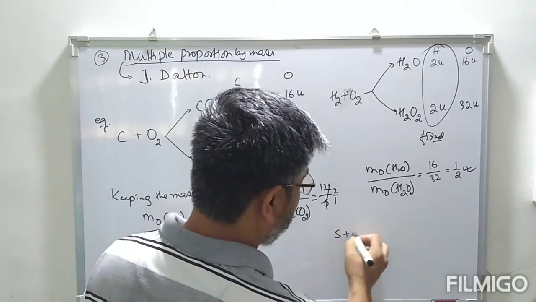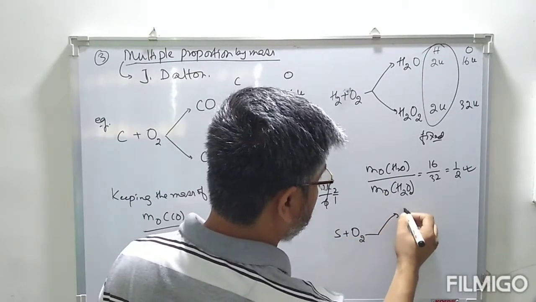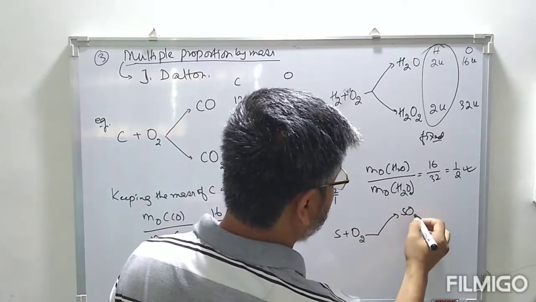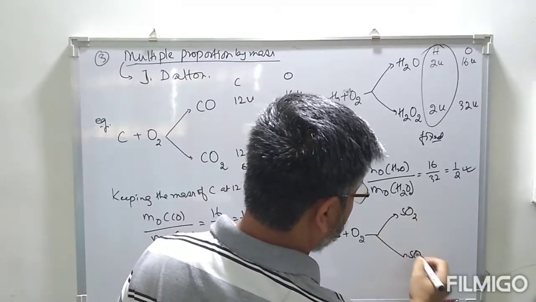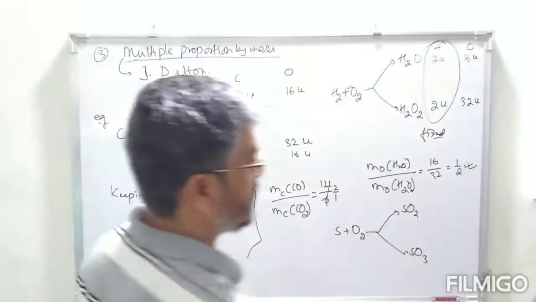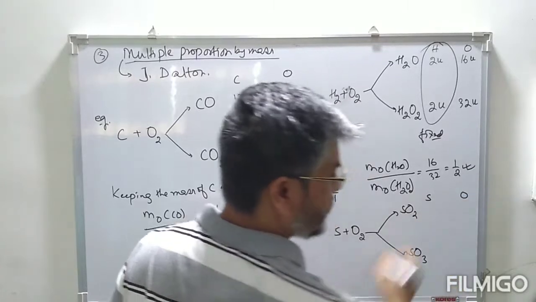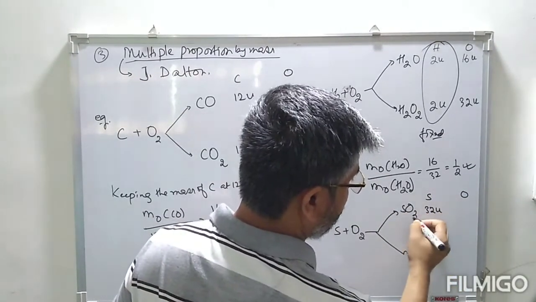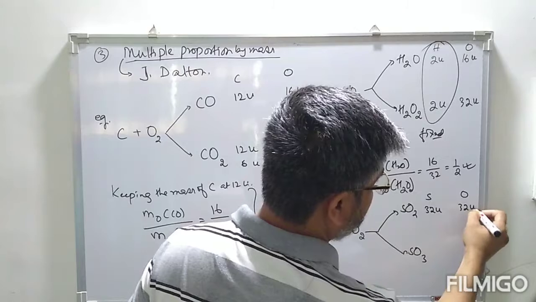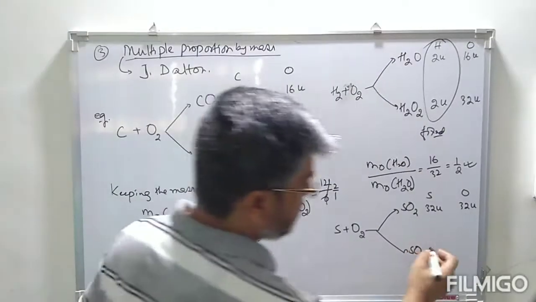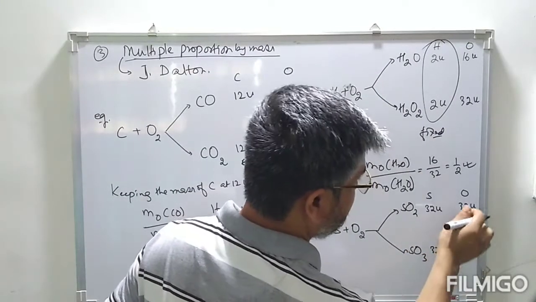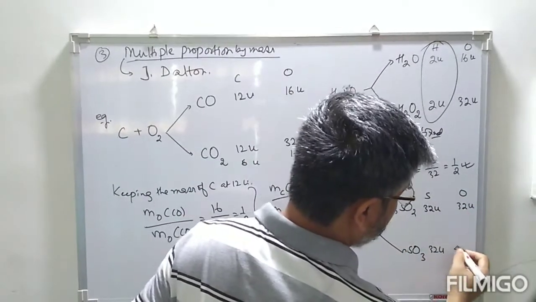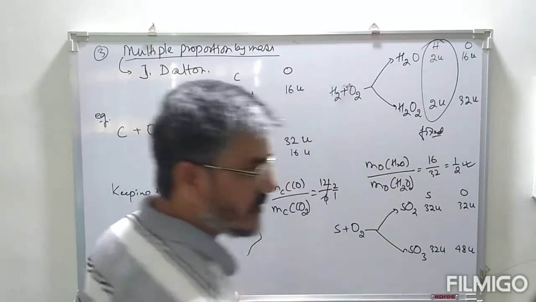Take this example, sulfur plus oxygen gives you sulfur dioxide and sulfur trioxide. We have sulfur, we have oxygen. One atom of sulfur, 32 mass units. Two atoms of oxygen, 32 mass units. One atom of sulfur, 32 units. Three atoms of oxygen, 48 units.